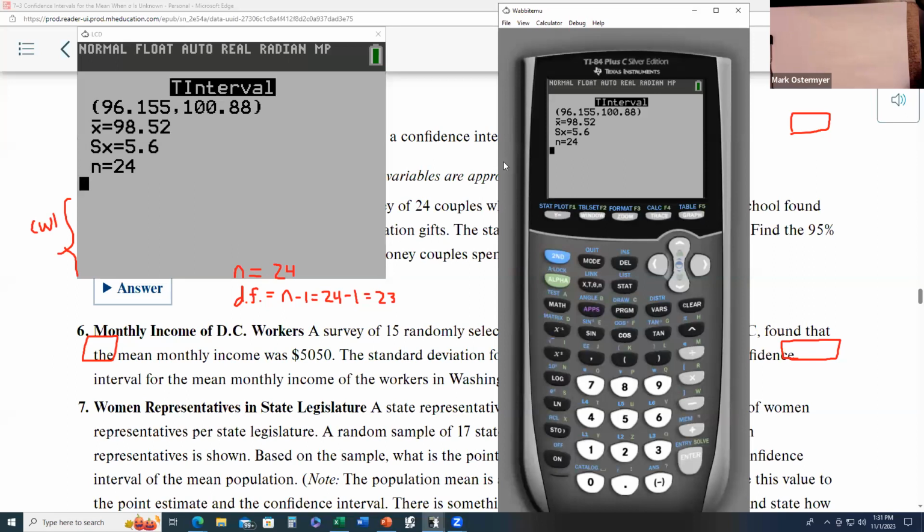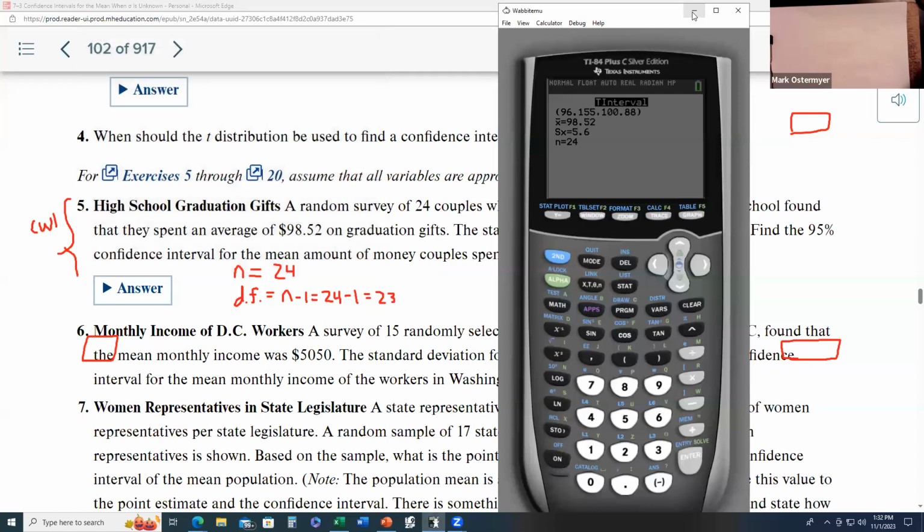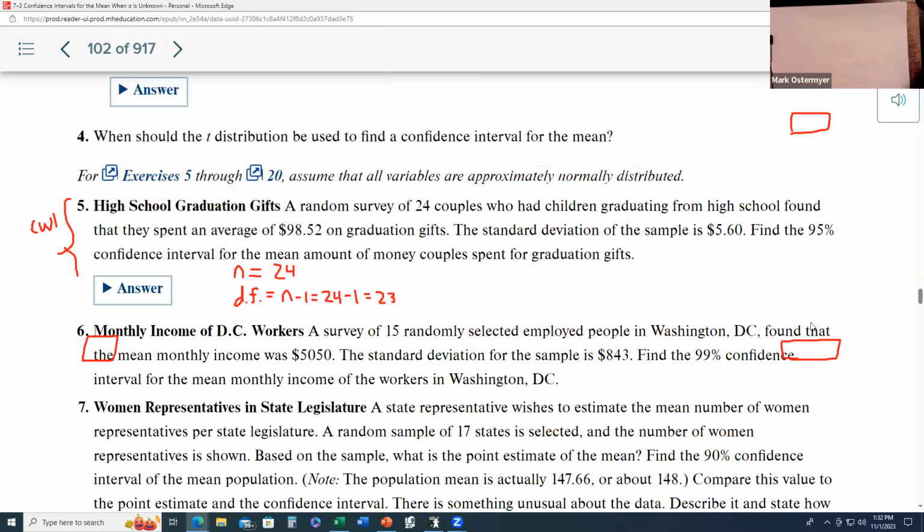Because of that, I would like you to know how to do these problems both in a manual way and a non-manual way. So for problem number 6 in our textbook, I want you to do this problem manually. I want you to show me how you're actually building the confidence interval by finding your margin of error.